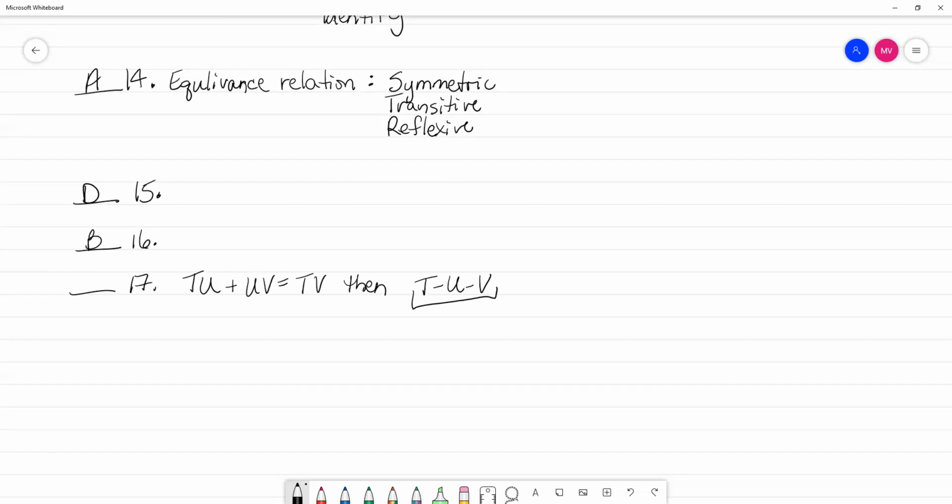That's what this is showing. This means between. That means that T, U, and V are on one line. T is here, U is here, and V is here, and they are not necessarily the same distance apart. It's not a midpoint, but we know that TU plus UV is equal to TV, so that's between.